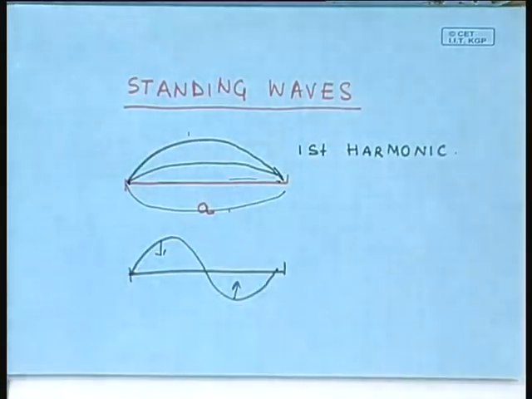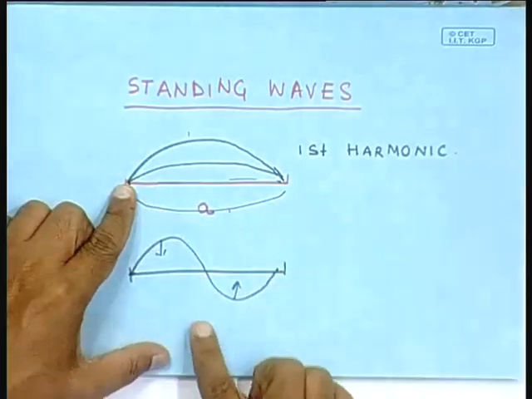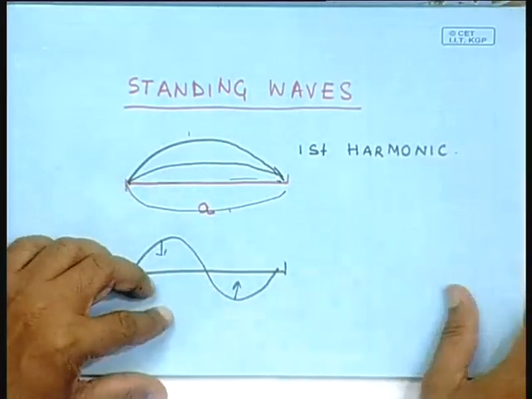So in strings, for electromagnetic waves, elastic waves, if you put a boundary condition that the wave has to vanish at the two edges, you have these standing waves, and the disturbance pattern for these standing waves looks exactly the same.